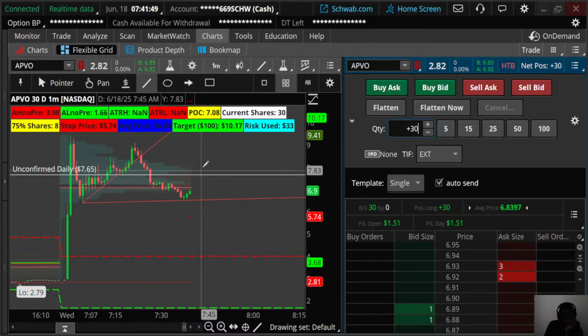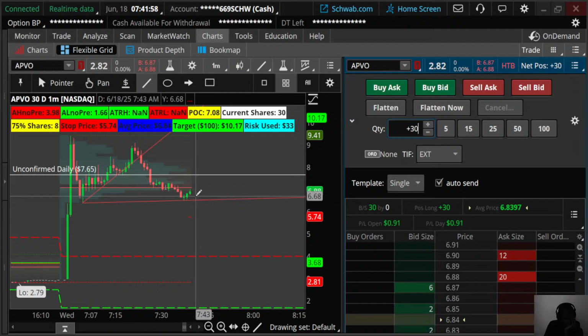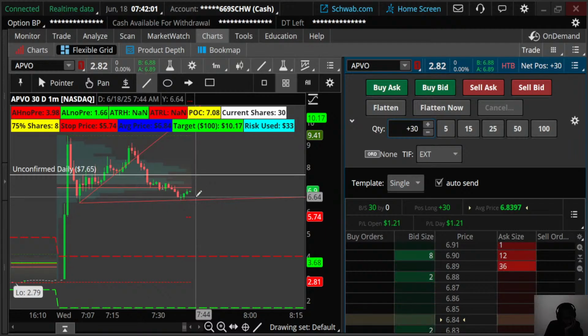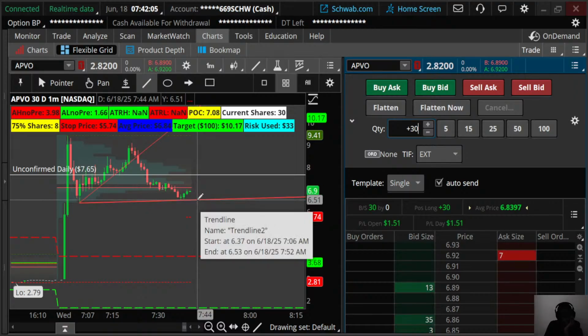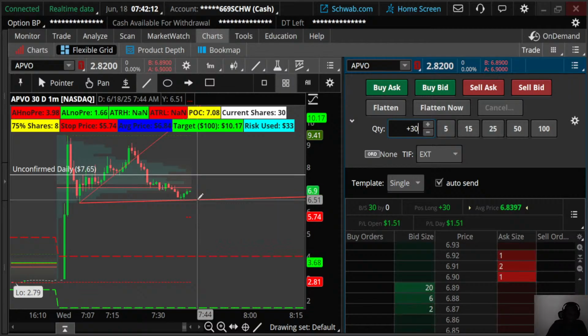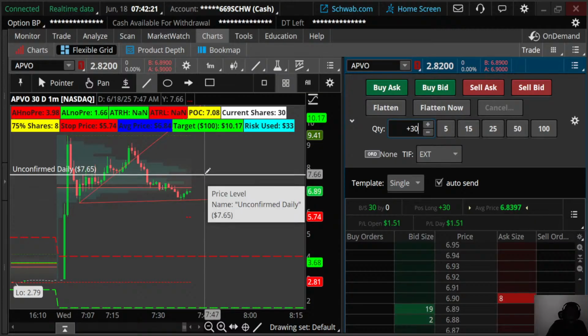Got up a little bit. Can it get back up here to the 7.65s? $6.50, I gotta be out. Looking for a test back up here to the 7.60s.